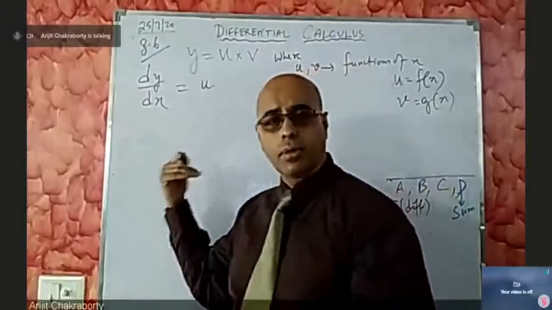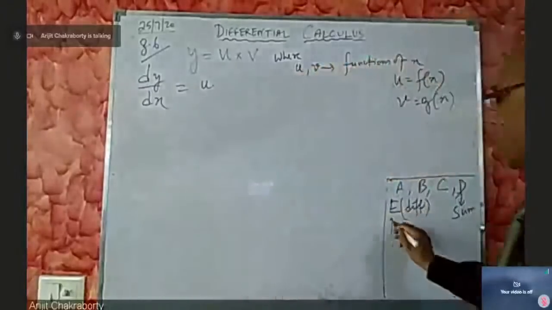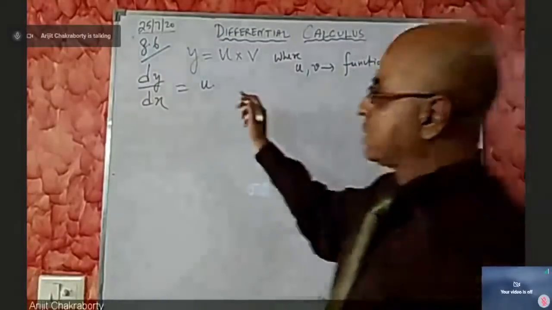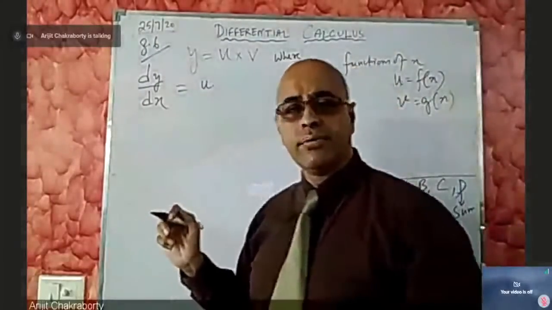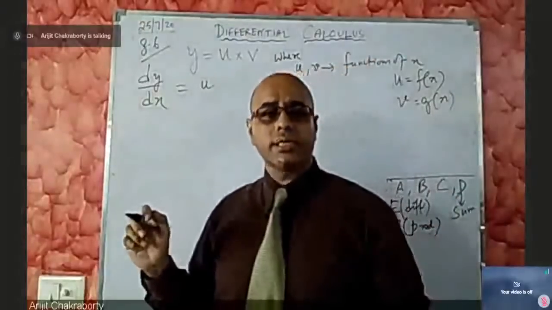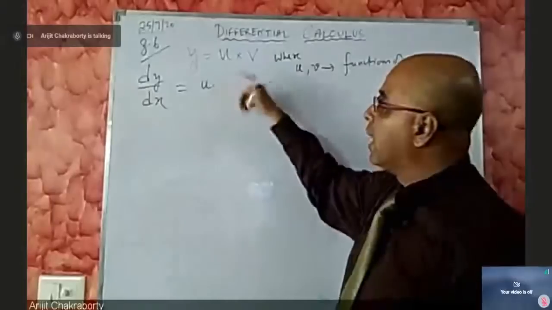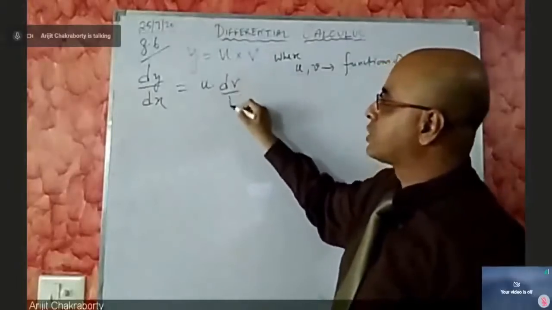Now we are taking up the product rule, and this will be formula number F on the product rule. Here the principle given in calculus is that you first keep u outside and first you differentiate v with respect to x.